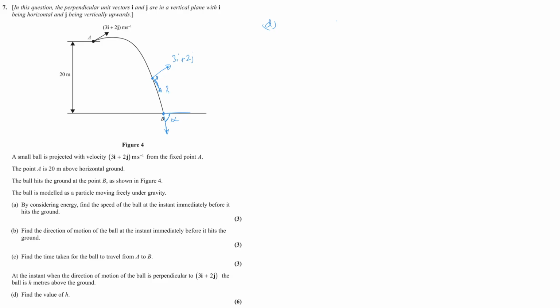Now, it's still going to be 3i because that's unchanged, isn't it? There's no forces acting on that. So plus, let's call this lambda j. Now, when two vectors are perpendicular, multiplying together equals 0. So 3i plus 2j multiplied by 3i plus lambda j equals 0.